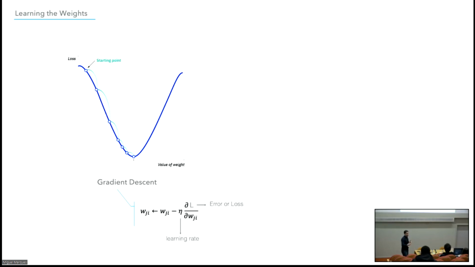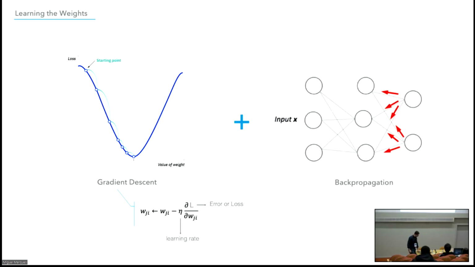Okay, so if the gradient is large, we will move faster, and the learning rate will moderate this step. So the learning rate needs to be defined. You could use very small values for the learning rate or larger.